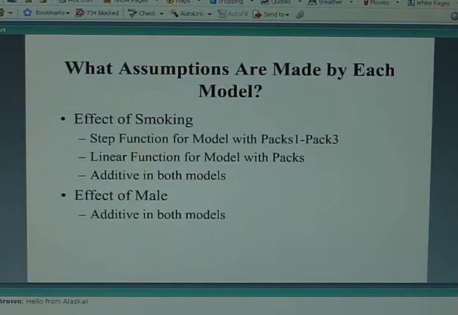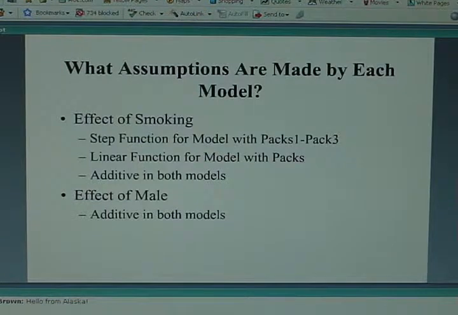In terms of smoking, the first model, where you had PAX1, PAX2, and PAX3, is assuming a conditional step function to describe the relationship between smoking and your risk of getting disease. The second model that had PAX in it for smoking is assuming a linear relationship.